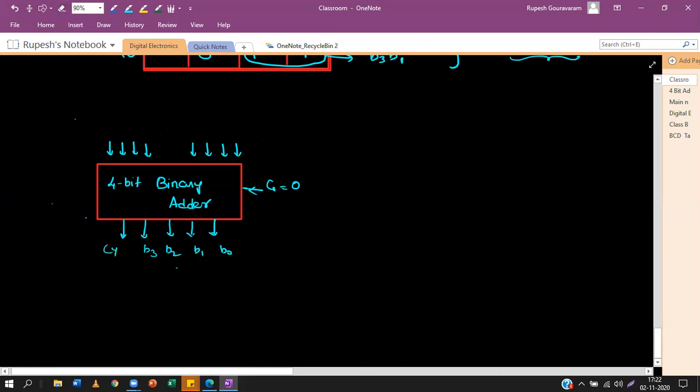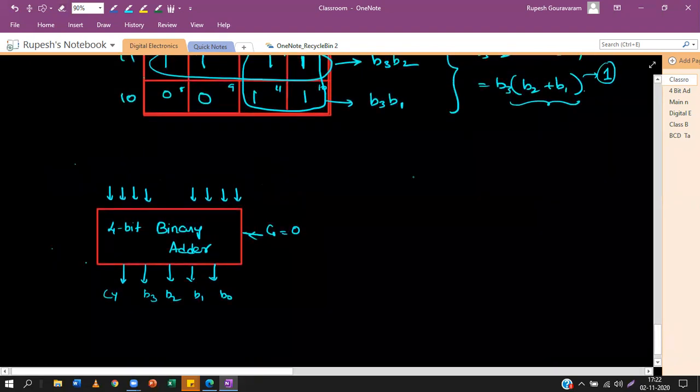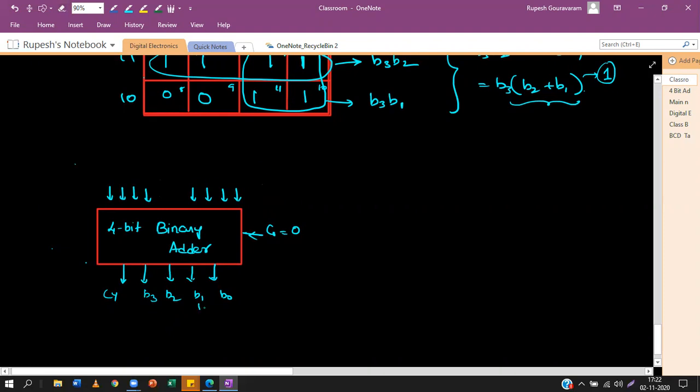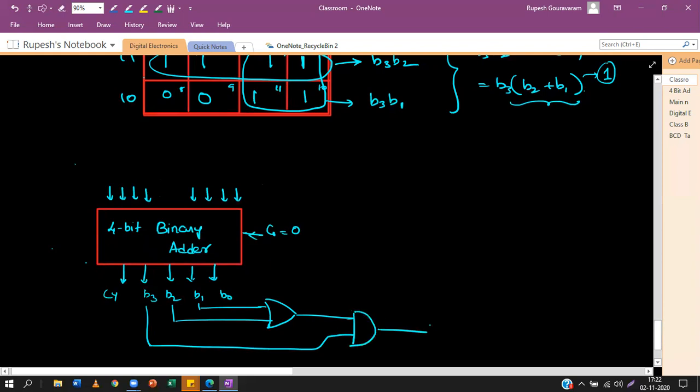From these B3, B2, B1, B0, what logic will we need? B3 into (B2 plus B1). So B2, B1, we OR it and we AND it with B3. This gives the logic of invalid BCD.